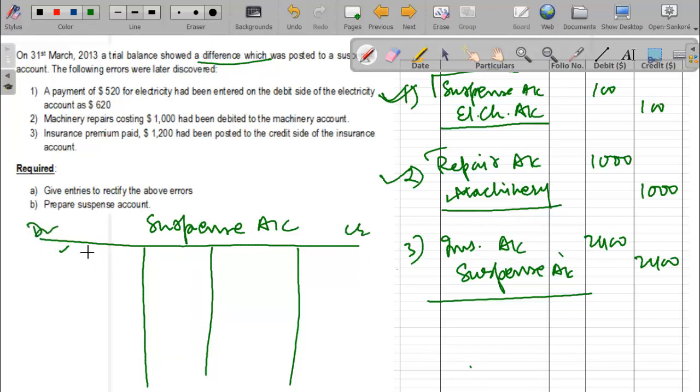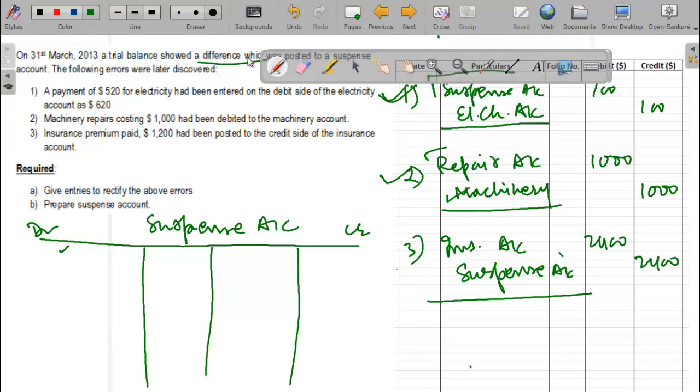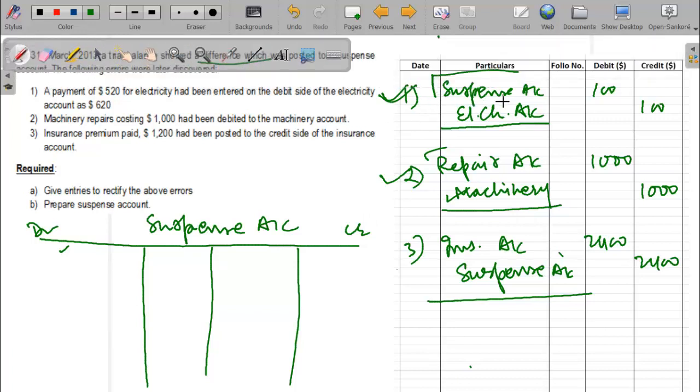Leave the first line blank, and from the second line start making posting of these entries. In the first entry, is the suspense account debited or credited? Debited. So on its debit side, leave the first line, and after the first line I will write electricity charges, $100.